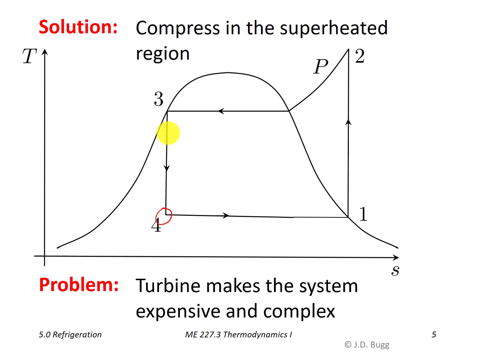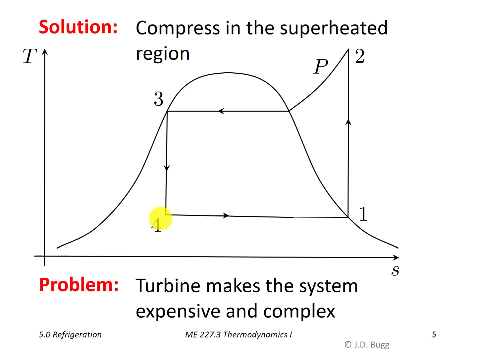Well, those are very difficult conditions for a turbine to operate under, and it's impossible to create an efficient turbine that does that. Not only that, but if we were to look at the amount of energy that we could recover in that turbine, it would actually be very, very small. So it's certainly not worth the added complexity of a turbine in this case.